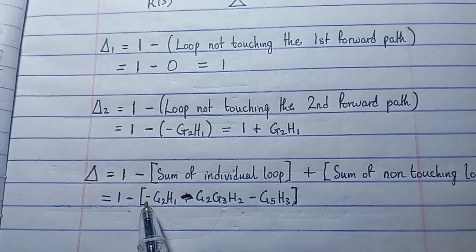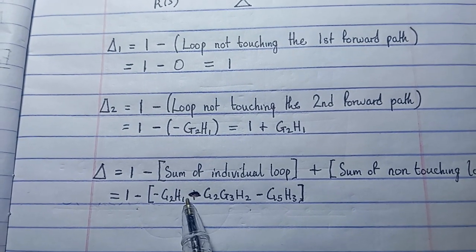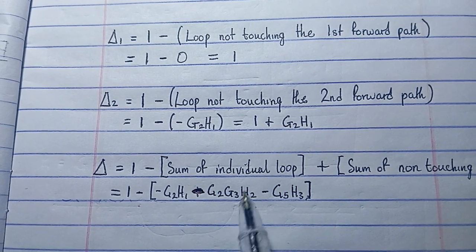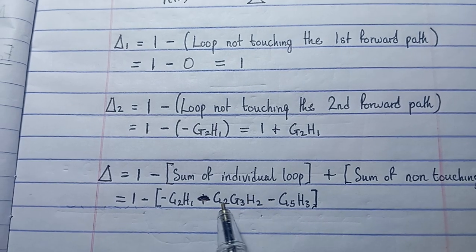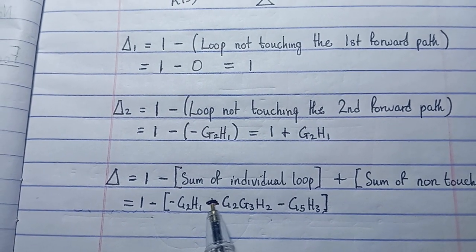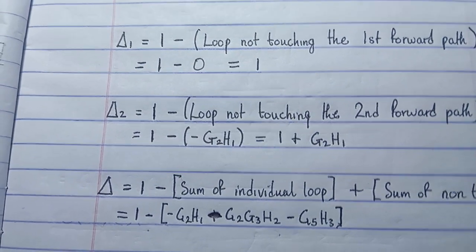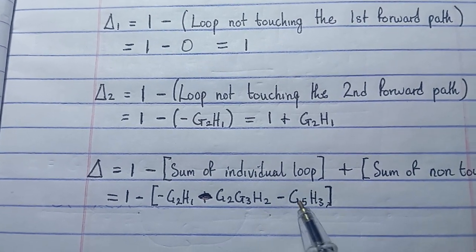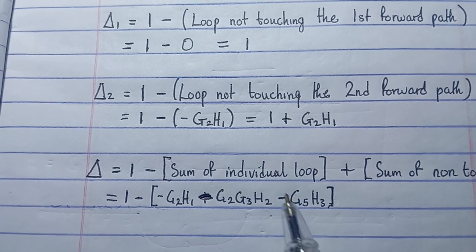So we're going to have minus G2 H1 plus, adding the next loop, minus G2 G3 H2. Since it's plus times minus, it will give you minus. And again the next loop that will be added is minus G5 H3. Plus times minus will give you minus. So this is the sum of individual loops.